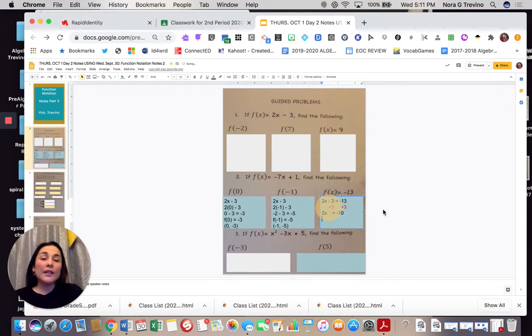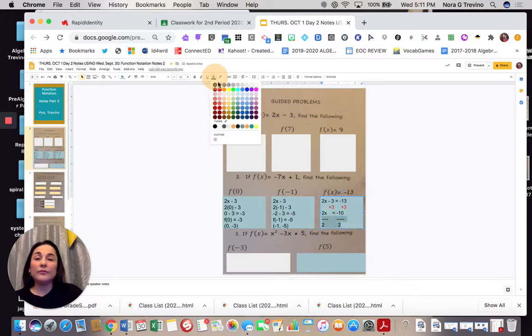And now to get x completely by itself, I need to divide by 2. So I'm going to divide this by 2. And I'm going to divide this side by 2. Okay.